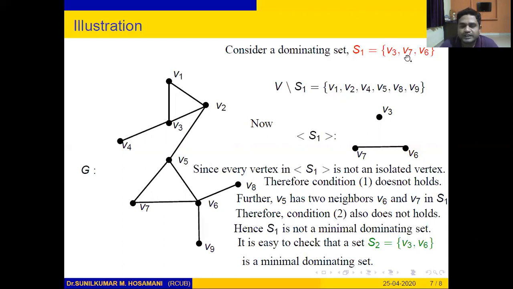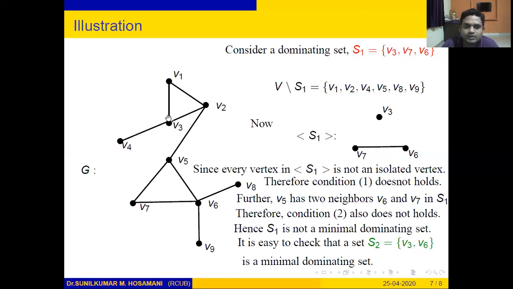According to the second condition, every vertex in the complement must have a unique neighbor in S1. Here, V5 has two neighbors, V6 and V7, which belong to S1. Therefore condition 2 also fails, and hence S1 is not a minimal dominating set.